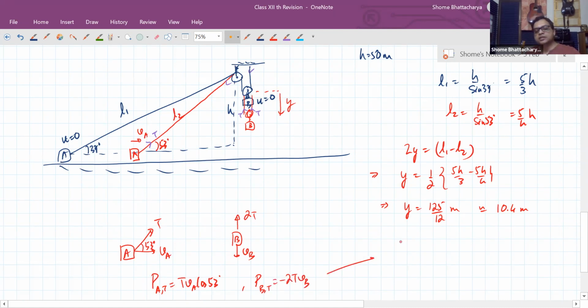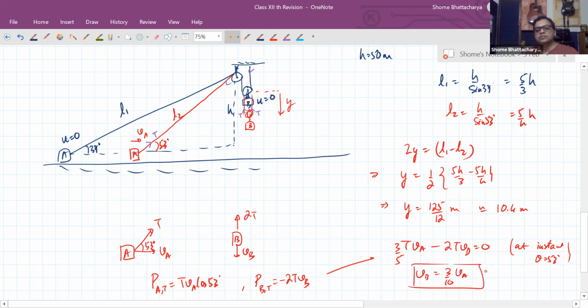So this will tell us that T VA cos 53, which is 3 by 5, minus 2T VB should be 0, at the instant when theta is equal to 53 degrees. So we will get this relation that VB is equal to 3 by 10 VA. So this is the constraint relation that we are getting between VA and VB.